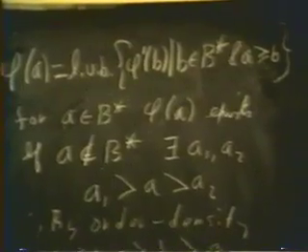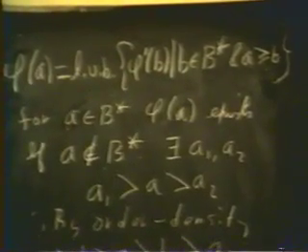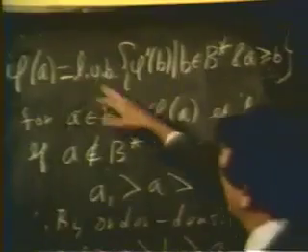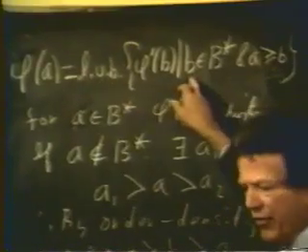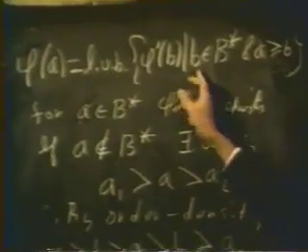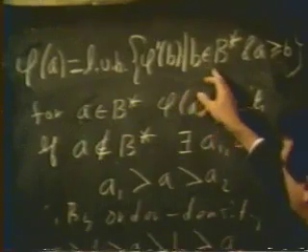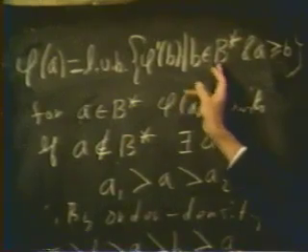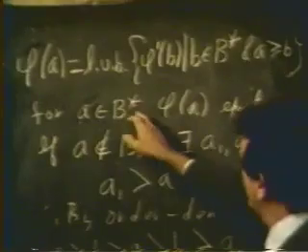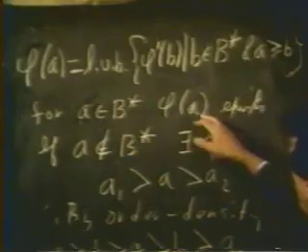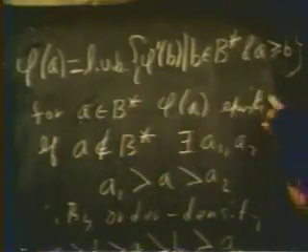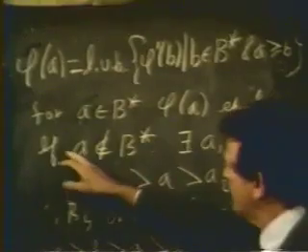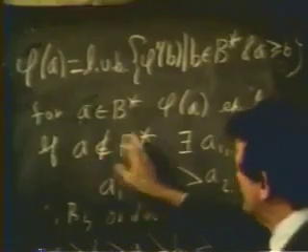Now we have the usual problems about that. We have to show that the least upper bound of this set exists. And there are two problems in showing that: first, that the set is non-empty, and second, that it's bounded from above. Well, if A is in B starred, there's no problem at all about phi of A existing. The real question about existence is if A is not in B starred.